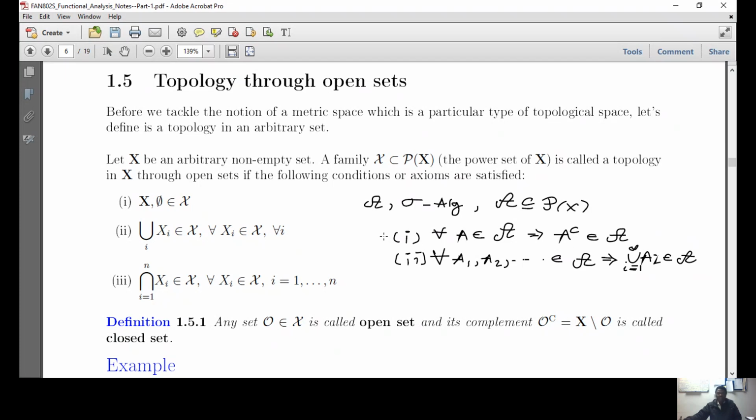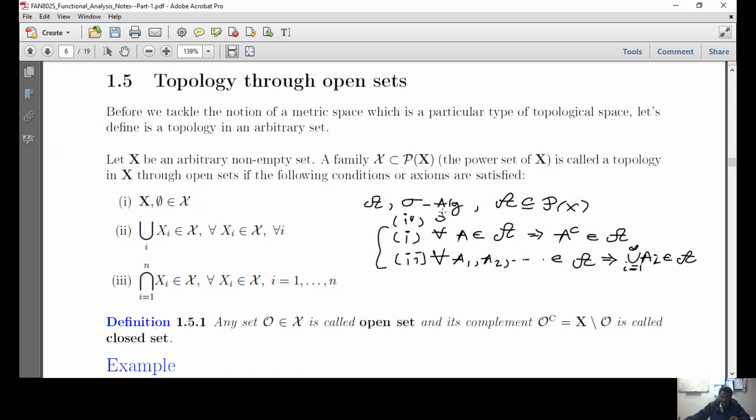These are the two axioms given in the prescribed textbook, and that is also the definition used in most textbooks. But I said to add another condition here, that either the empty set or X itself is an element of the sigma algebra. I will call this the second condition prime.